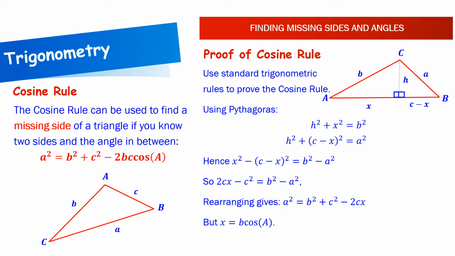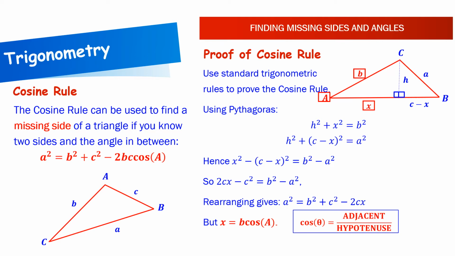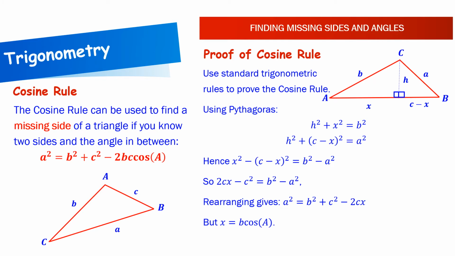However, we have that x is equal to b cos A, using the formula cos A equals adjacent over hypotenuse in a right-angled triangle. And therefore, if we substitute, we obtain the formula shown. And this gives us the cosine rule as shown at the bottom of your screen.